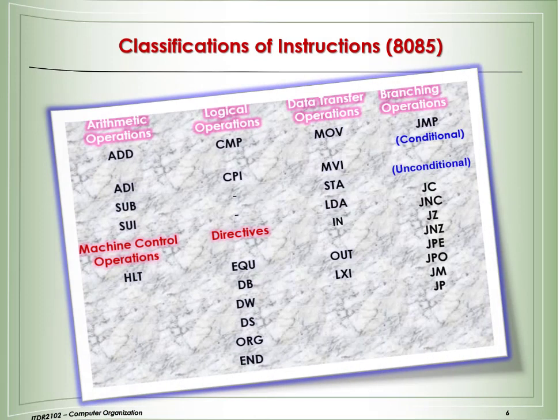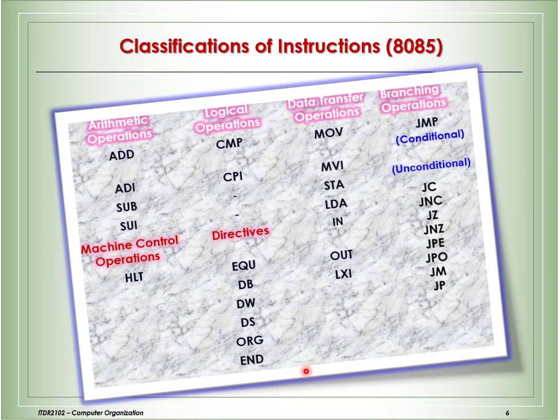Now here you can see the classification of instructions, which we already covered in lecture number 10, for the 8085 processor. The 8085 is basically an Intel 8-bit processor.